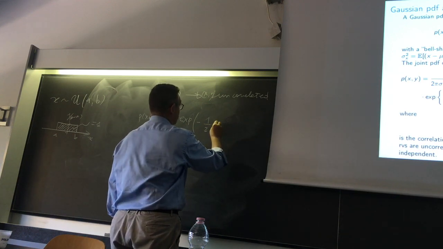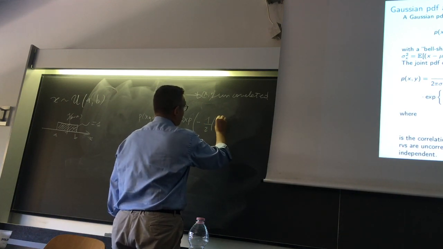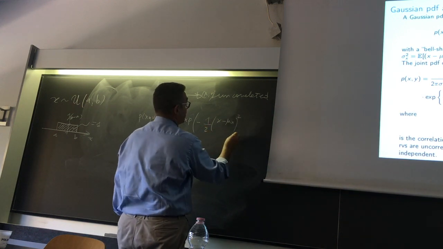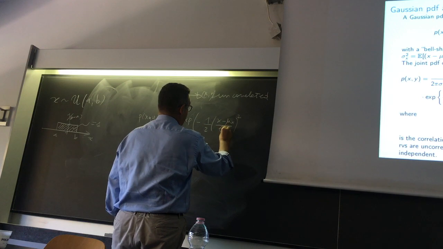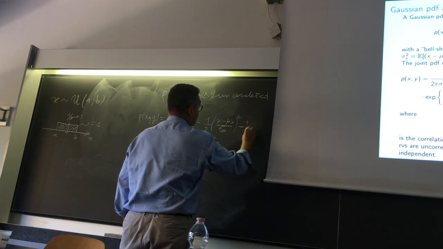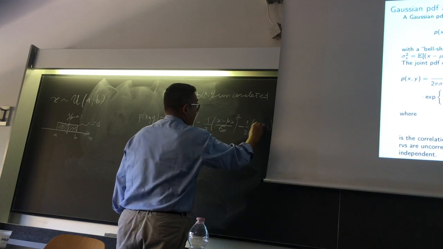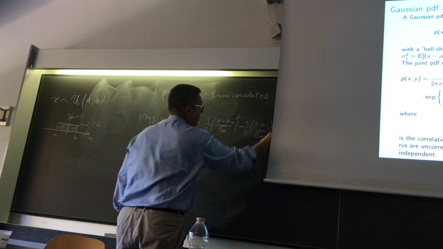Then I have x minus mu x squared divided by sigma x, minus 1 divided by 2, y minus mu y divided by sigma y.